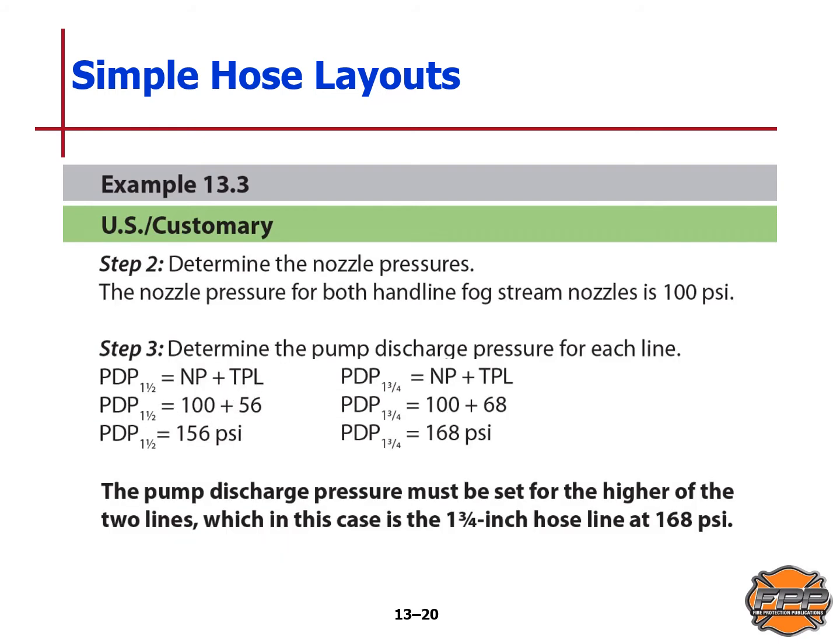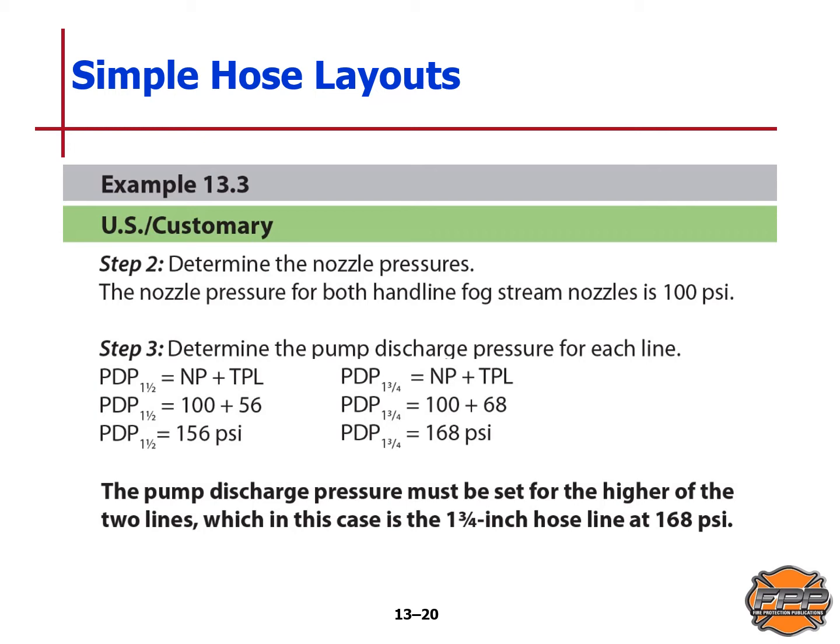Okay, let's look at some simple hose layouts. This is example 13.3 from your book. Step 2, determine the nozzle pressures. The nozzle pressure for both handline fog stream nozzles is 100 psi. So step 3 will be to determine the pump discharge pressure for each line. So if we look at the left, that's one line.